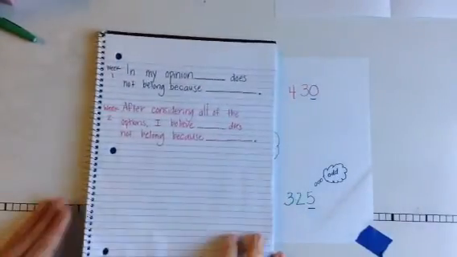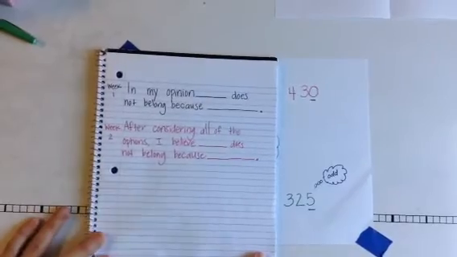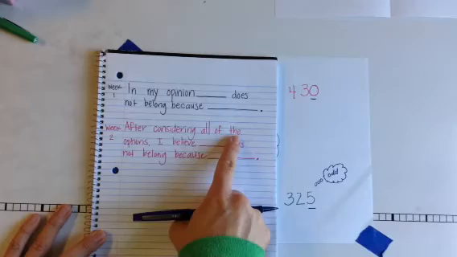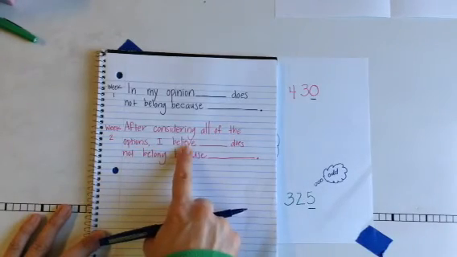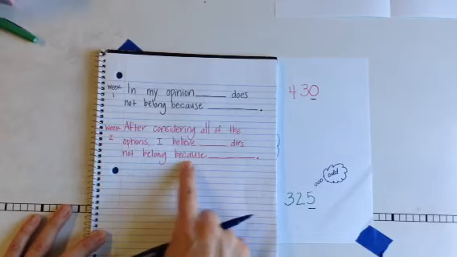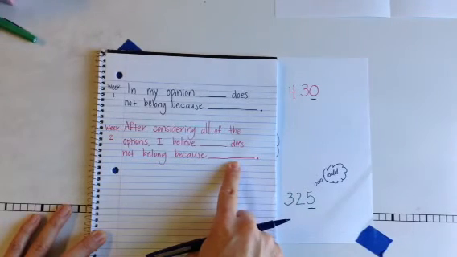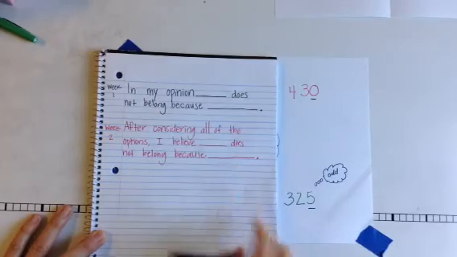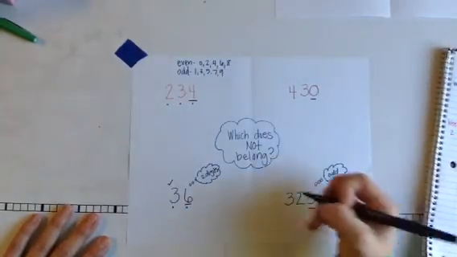So I'm going to use my sentence frame to explain my thinking. I'm going to use week 2. After considering all of the options, I believe 325 does not belong because it is odd, while all of the other numbers are even. I'm going to give myself a little check mark.